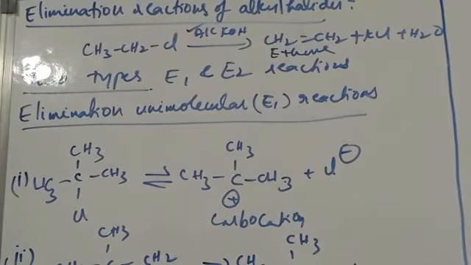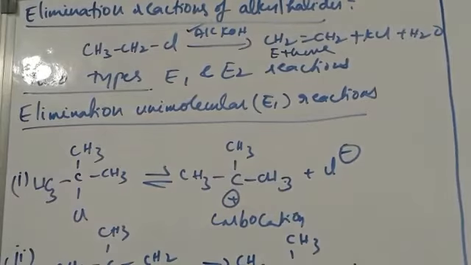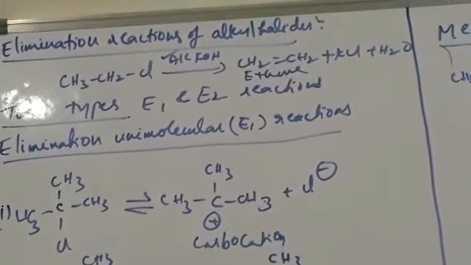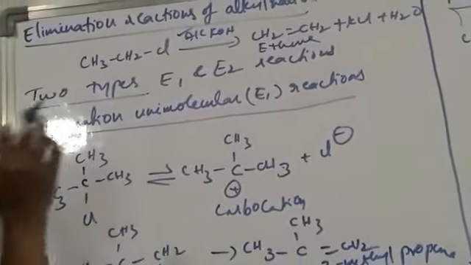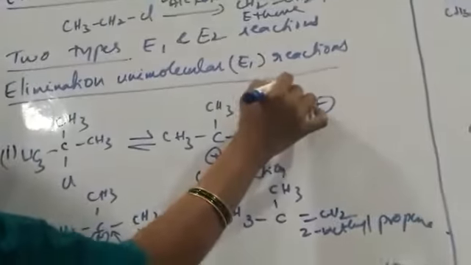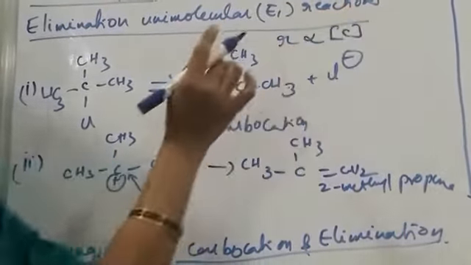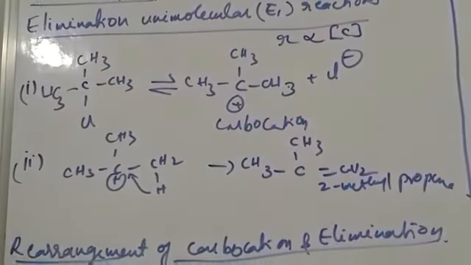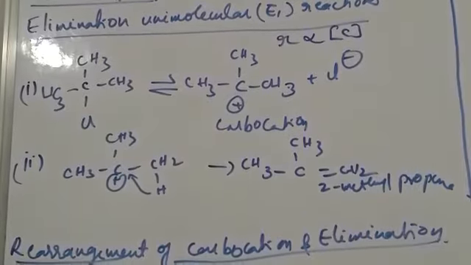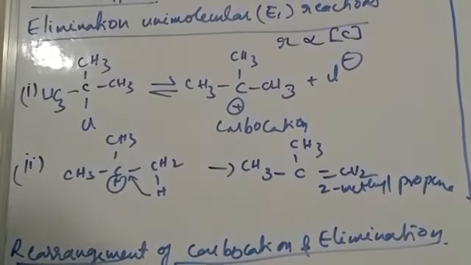Okay. So first coming to elimination unimolecular reactions. In an elimination unimolecular reaction, the rate of the reaction depends upon the concentration of only the alkyl halide. So one reactant species.